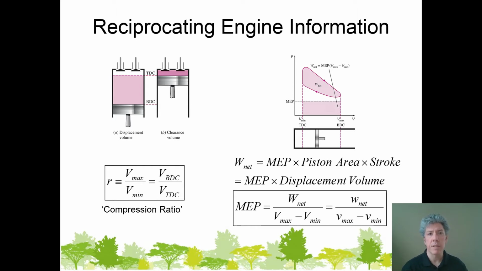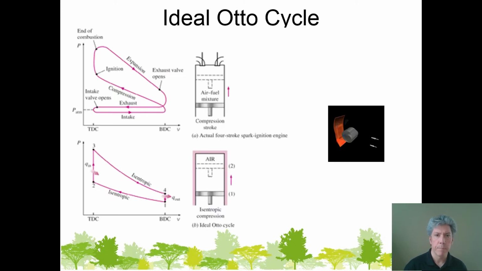And you can write that as a total amount. In other words, the total net work produced divided by the total volume displacement, or the work produced per unit mass divided by the volume displaced per unit mass. Either way works just fine, but this is just a measure of the performance of an engine in terms of its volumetric efficiency and how well it uses the volume it displaces to produce horsepower.